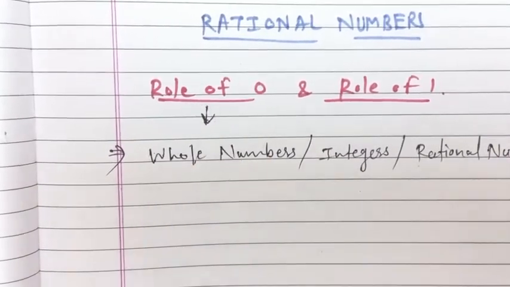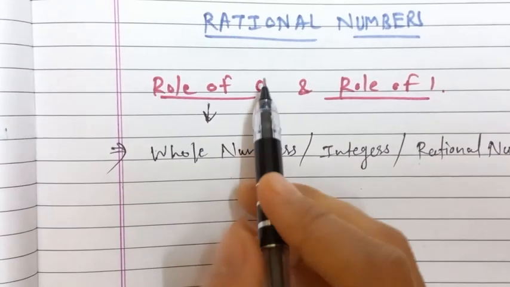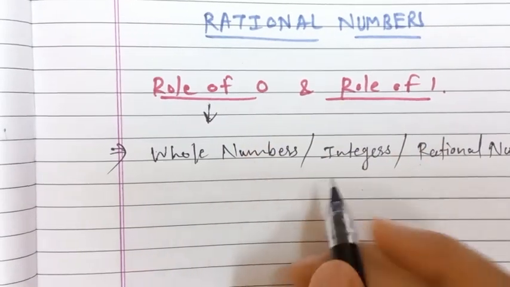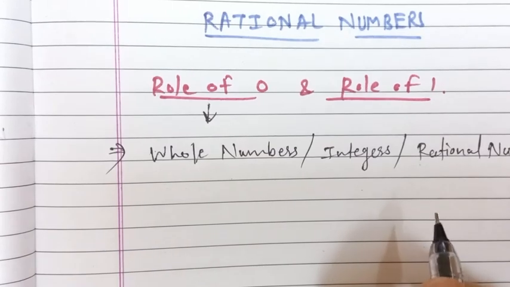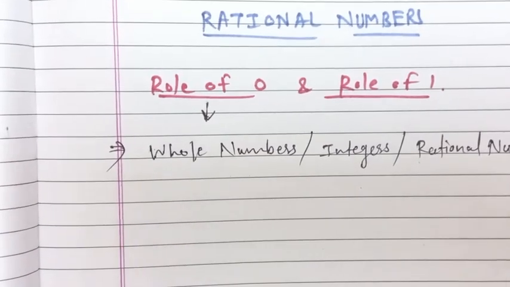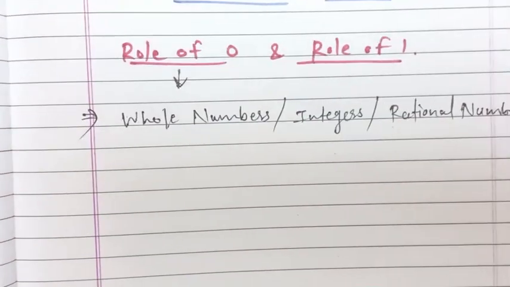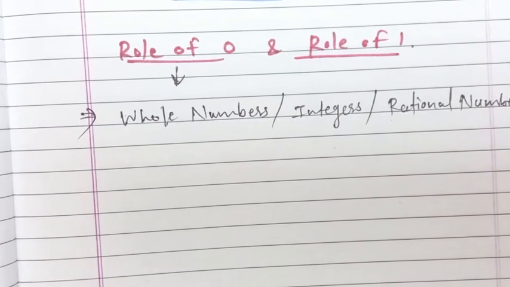So in the role of 0, we have to see what will happen if we add 0 to whole numbers, integers or rational numbers. Firstly take one whole number.